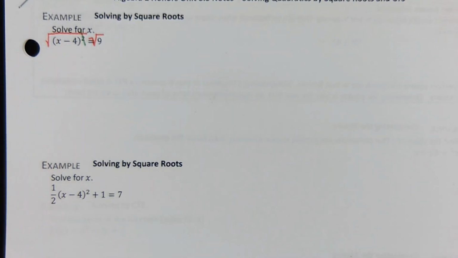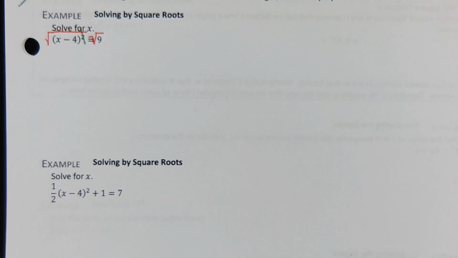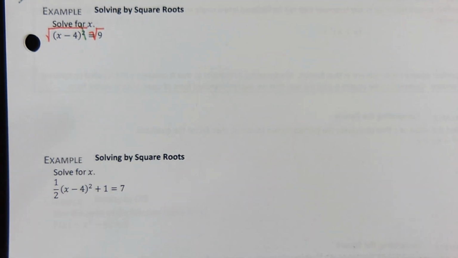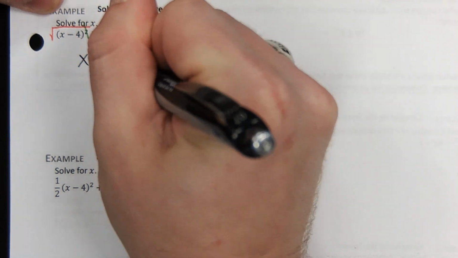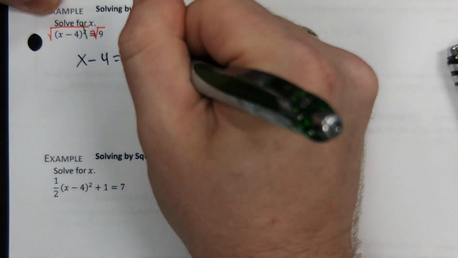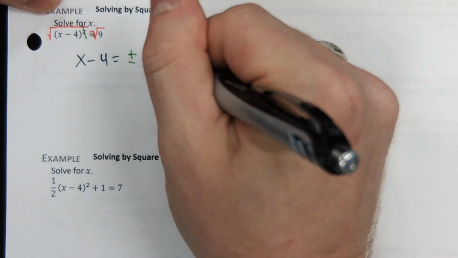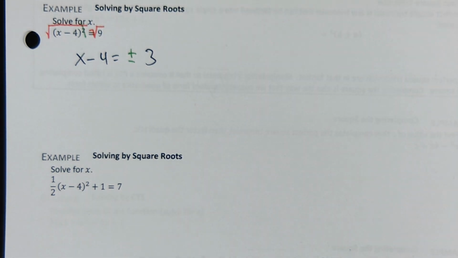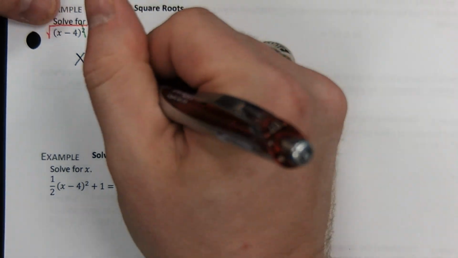Because this is a quadratic, and quadratics are supposed to have 2 solutions. So we take the square root of that 9, and what we'll have is plus or minus 3. Like that. And then we're just adding 4 to both sides.